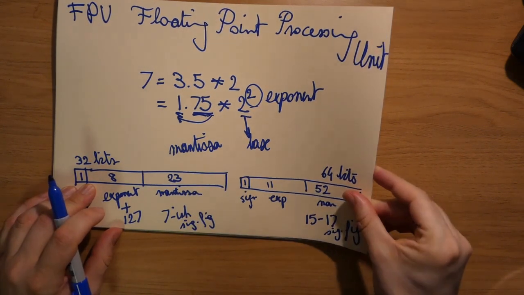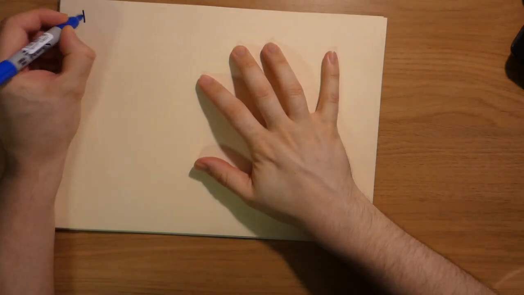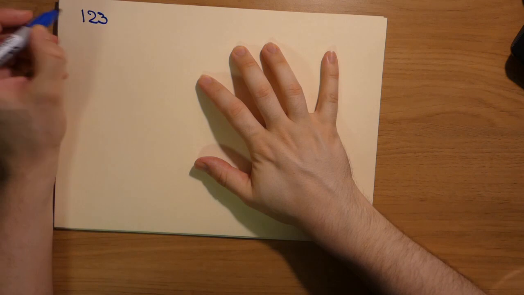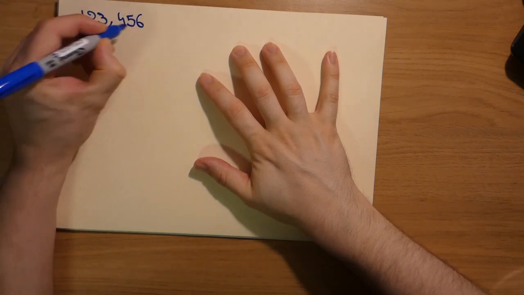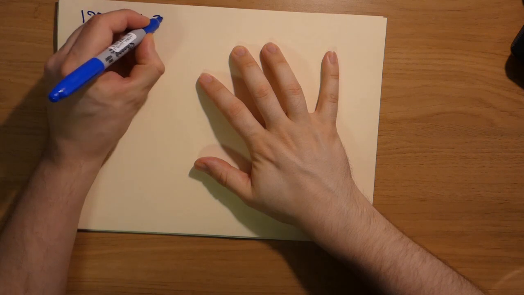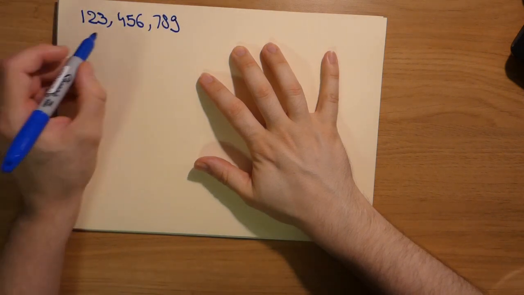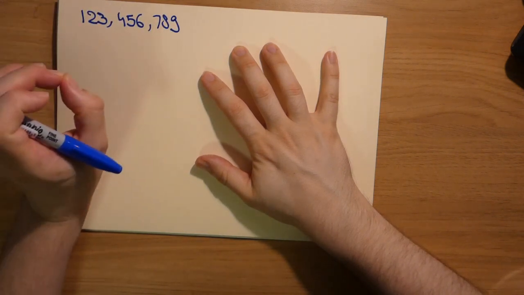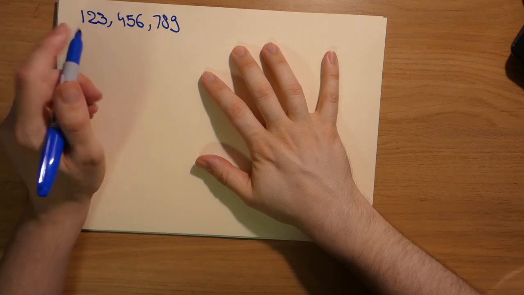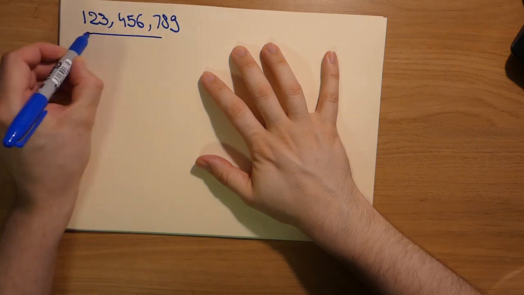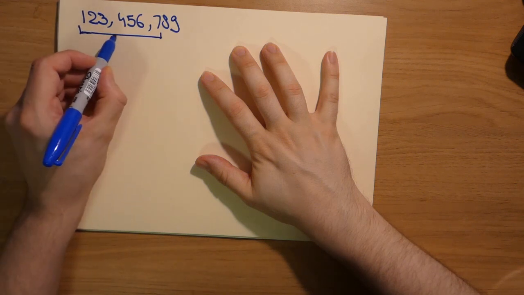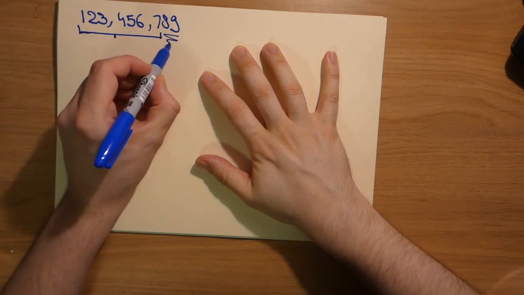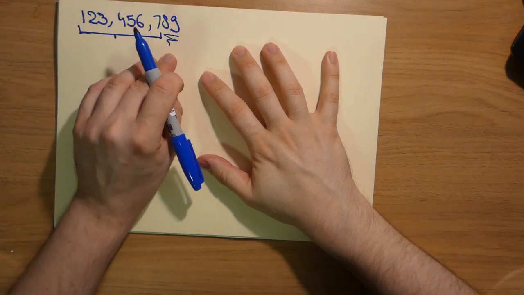Alright, so what exactly do we mean with that? Let's say I have a number 123,456,789. If I store this in a 32-bit floating point, then I have about 7 significant digits which I can trust, and then the other 2 will only be stored approximately.